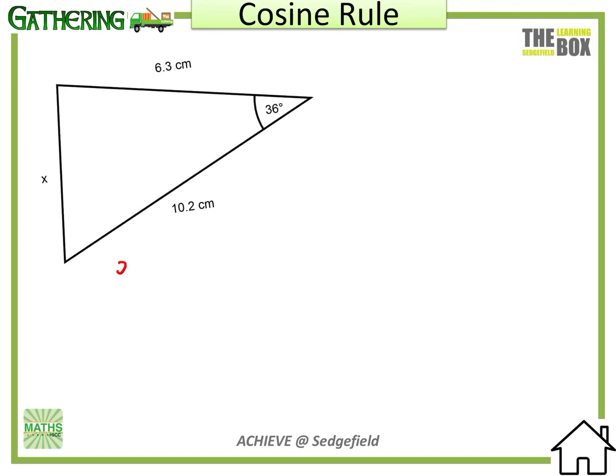Okay, very easy. X squared is equal to 6.3 squared plus 10.2 squared minus 2 times 6.3 times 10.2 times cosine of 36 degrees. Just use a calculator. I've got a calculator now, so I'm going to use that. 6.3 squared plus 10.2 squared minus 2 times 6.3 times 10.2 times the cosine of 36.